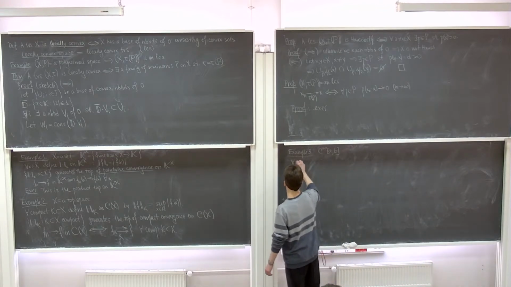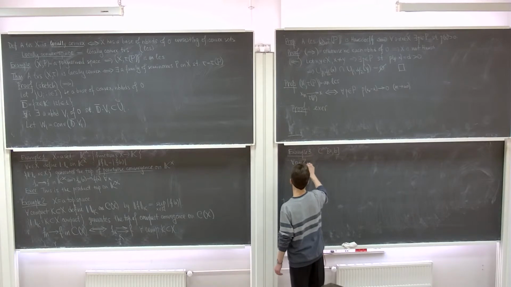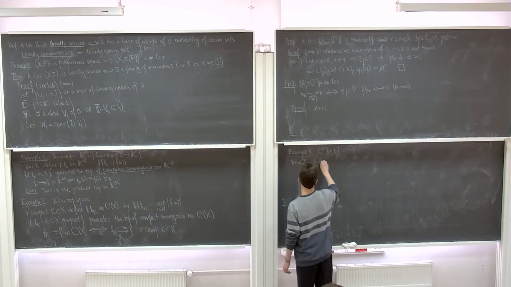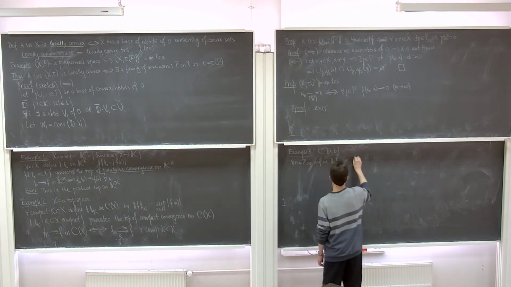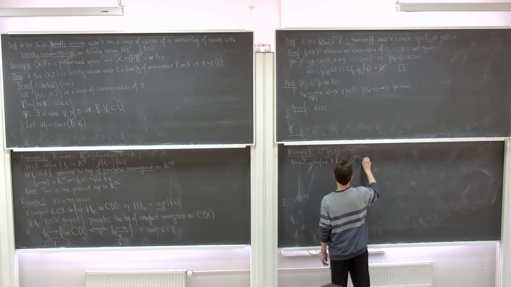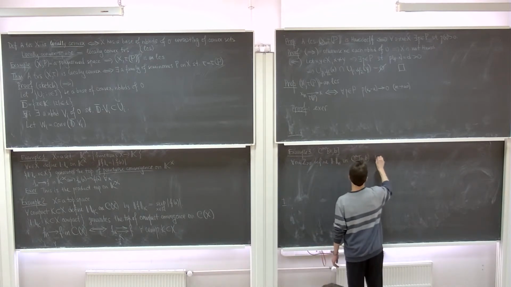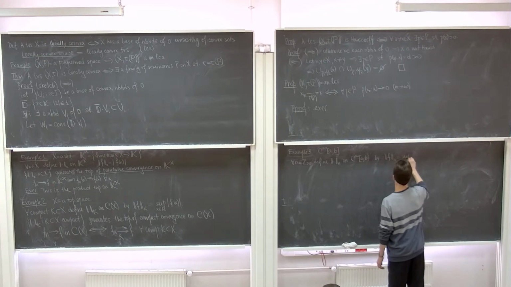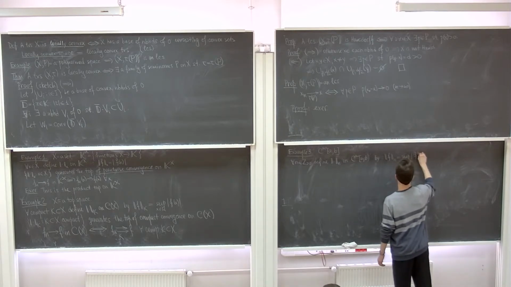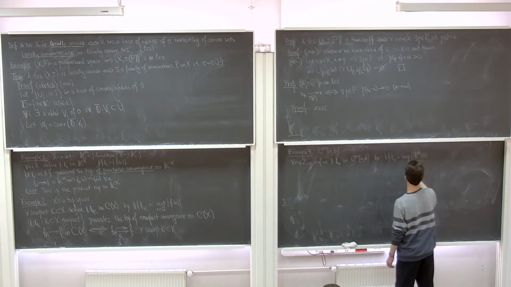For each non-negative integer n, we define a seminorm on the space to be the supremum of the nth derivative of f over the interval.